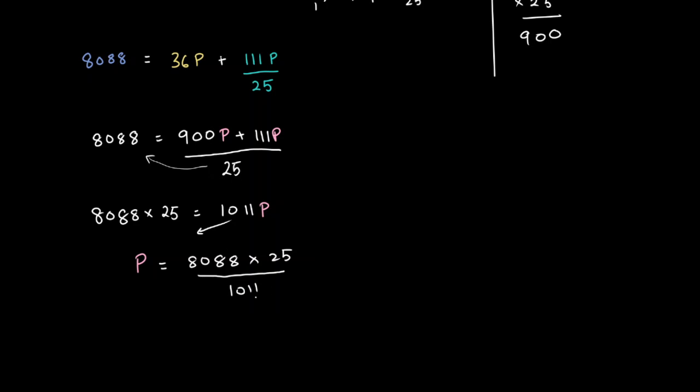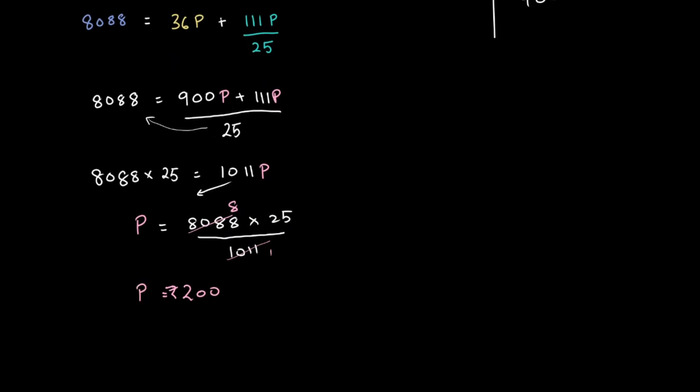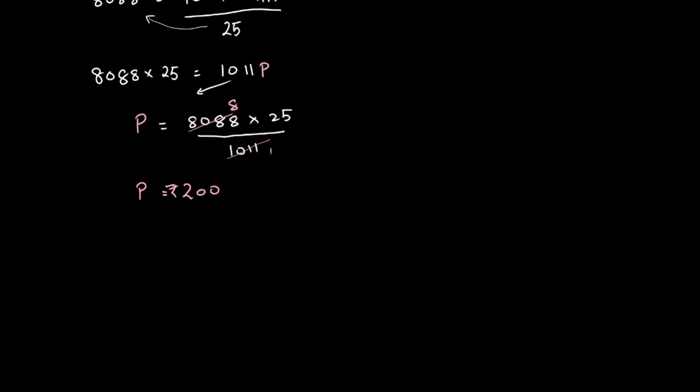As you can clearly see here, 1011 one time, and this is 8 times. So 8 into 25 is what we are left with. So I can say, therefore, P, 8 into 25 is 200, rupees 200, if I want to be more specific. So that's our answer here. We finally found the value of the monthly installments, and therefore I can say that final answer as a statement.